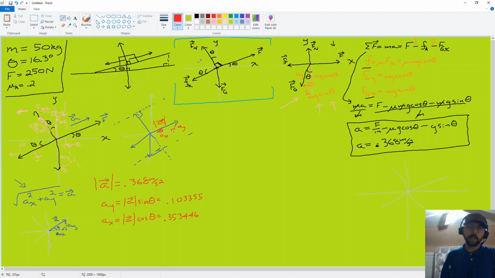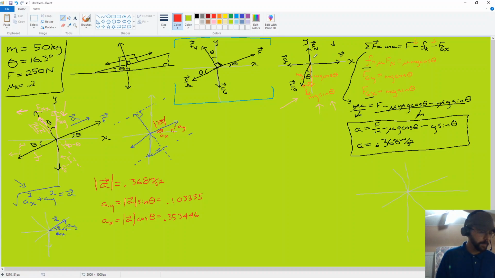The other thing is I know that over here I calculated, or I could have calculated, the normal force equals mg cosine of theta.